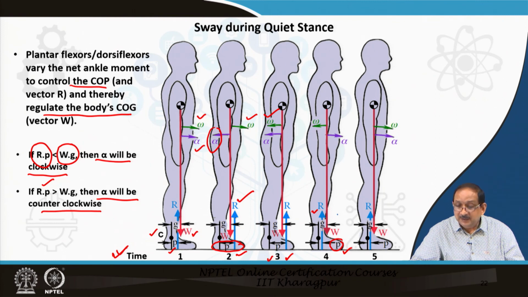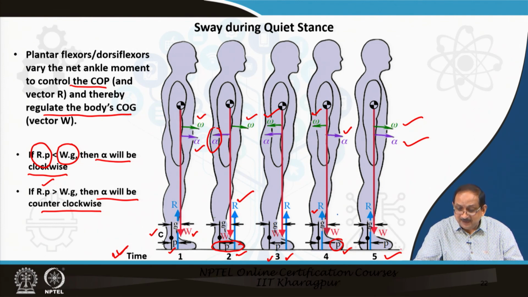Now, at time instant 4, the moment WG will be greater than RP and the angular acceleration will reverse, and after a time period the angular velocity will decrease, and finally the direction of the angular velocity will also be reversed, and the body will return to its original condition as indicated in time instant 5.